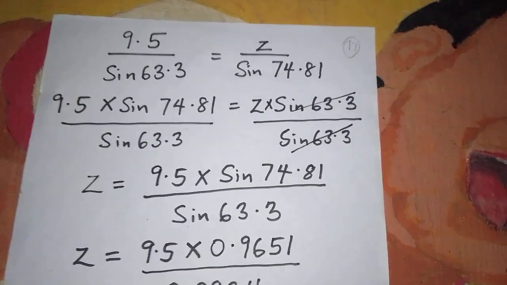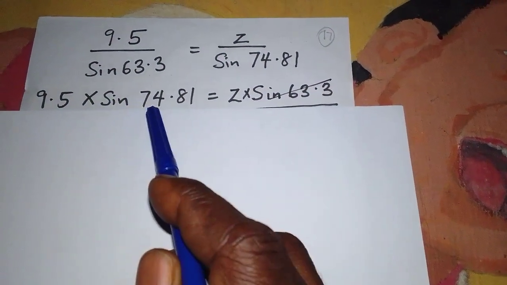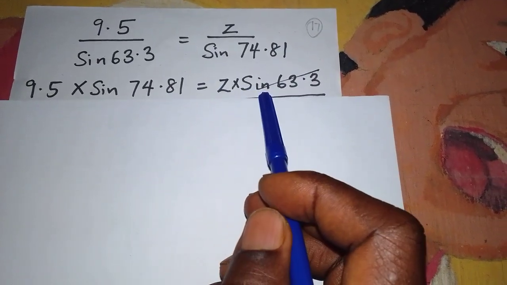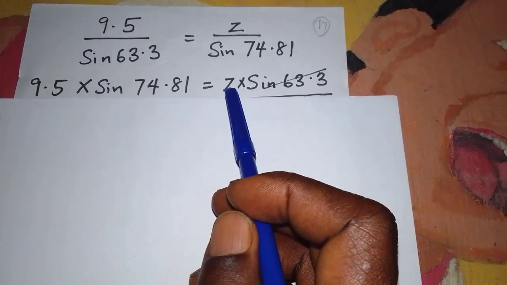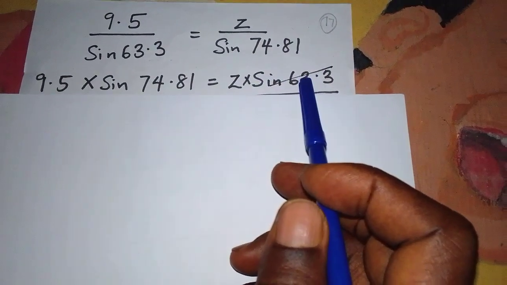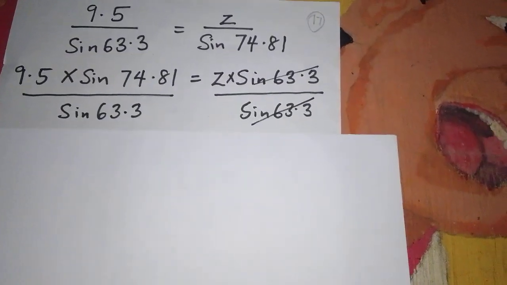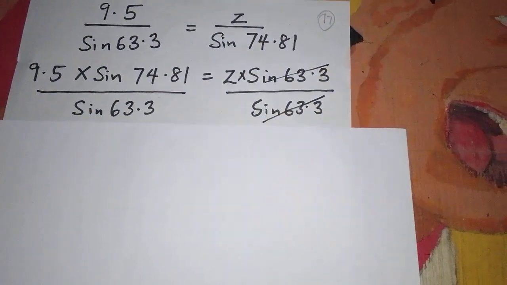You have 9.5 times sine 74.81 equals Z times sine 63.3. Since we are looking for Z, we are going to divide both sides by sine 63.3. So that means you are left with only Z.